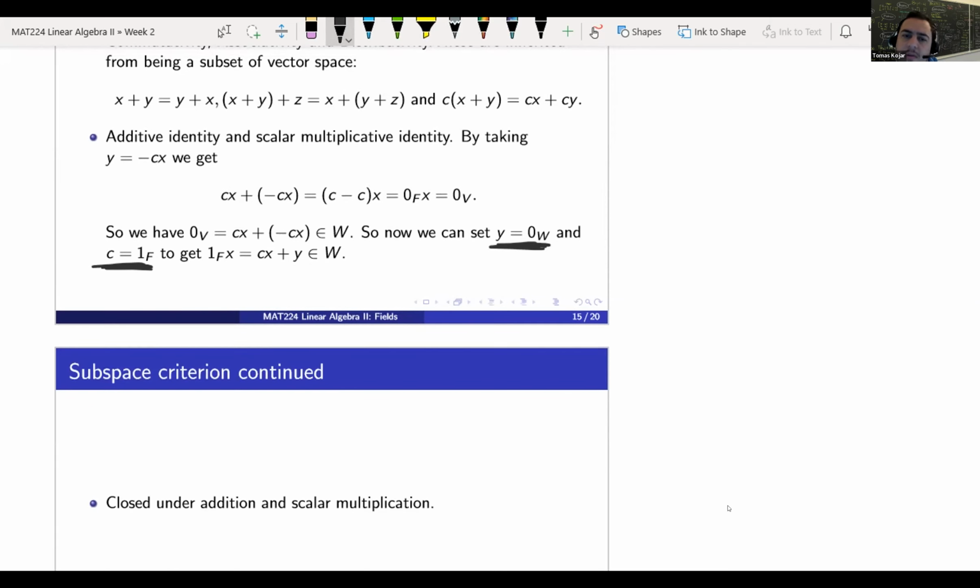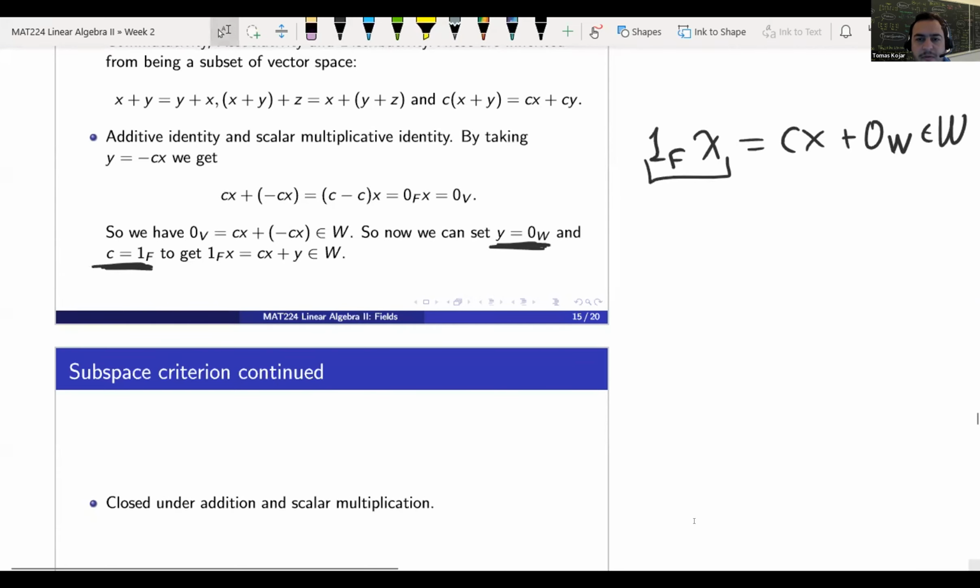So here's what you do: you have 1 times x is cx + 0_V or 0_W, and we know that this is in W. Yes, that's one way to do it. But I would just say that we know closure under addition, and you can also get it directly, whatever you like.